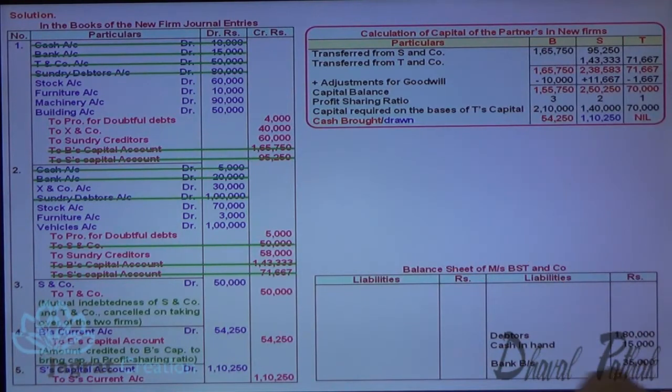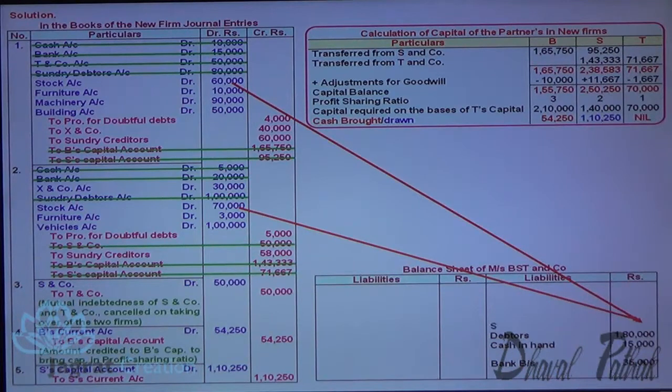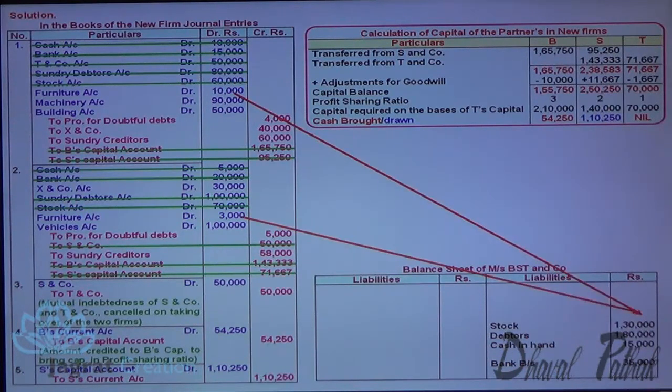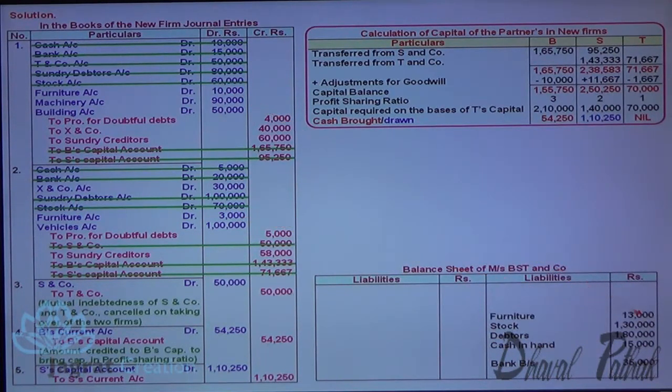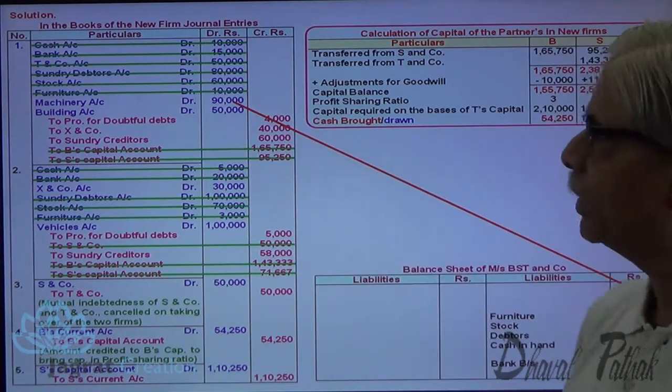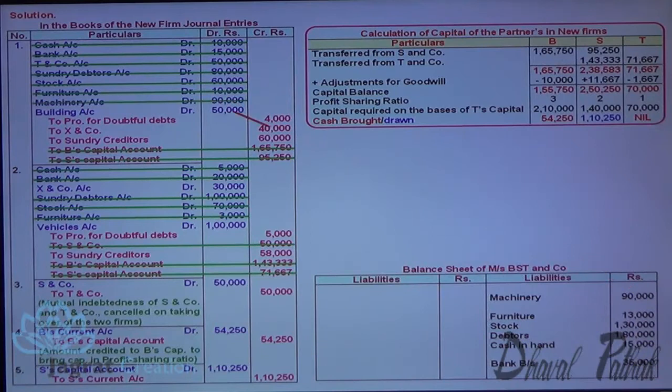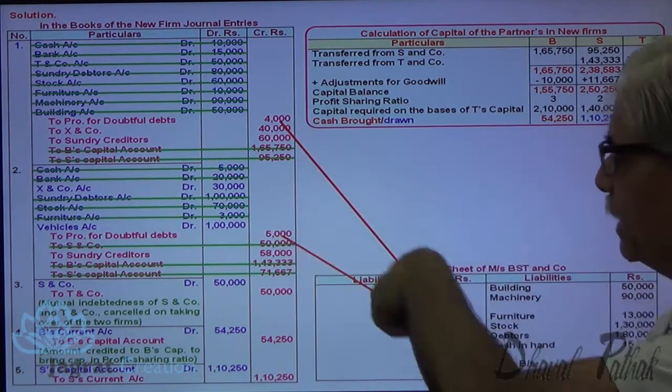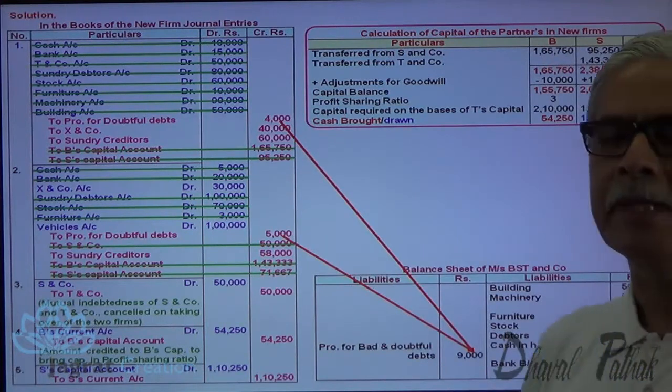I write bad debt reserve on the liability side. Then comes stock. Then I total the furniture and write on the asset side. Then machinery. Then building. Then bad debt reserve I write on the liability side. Instead it can be deducted from debtors.